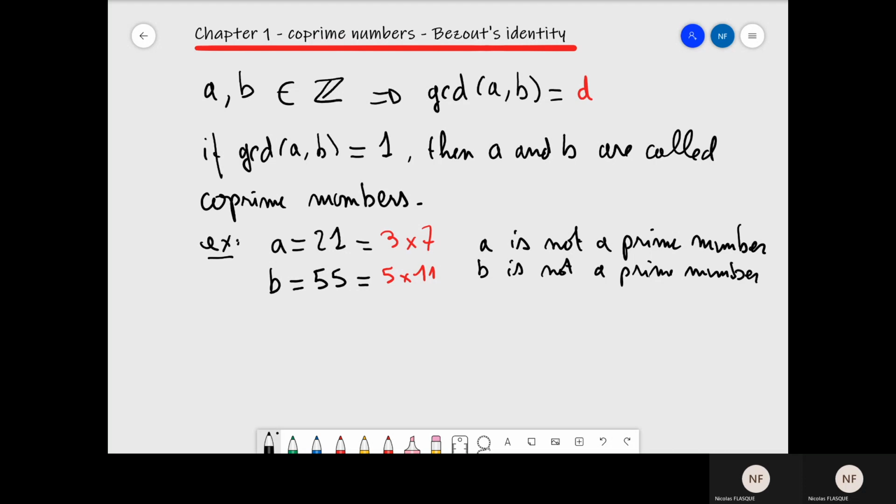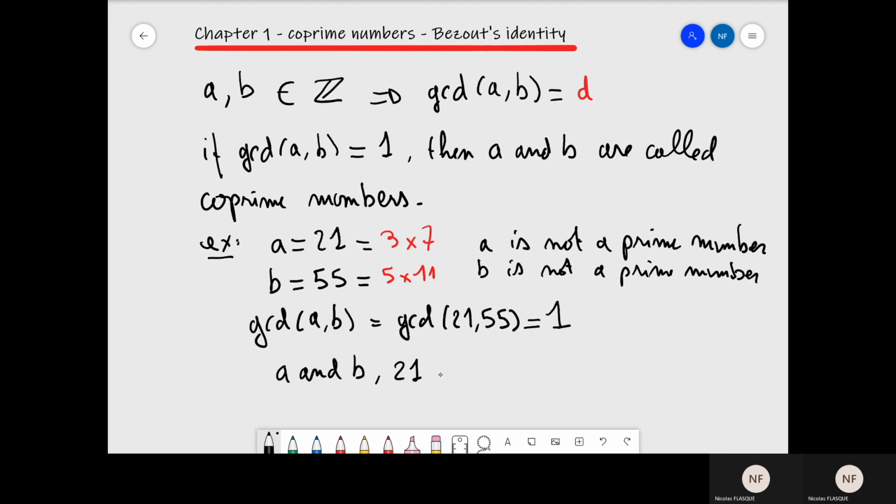If we compute the GCD of 21 and 55, we can very simply express it from the fact that 21 is 3 times 7 and 55 is 5 times 11. Actually, their GCD is equal to 1. So a and b, thus 21 and 55, are coprime.